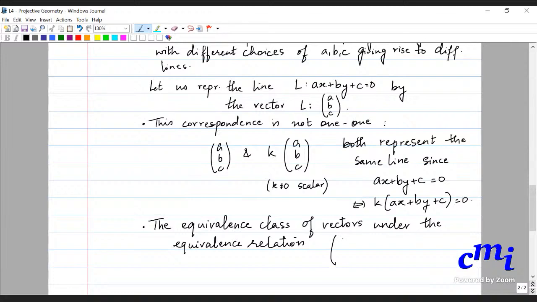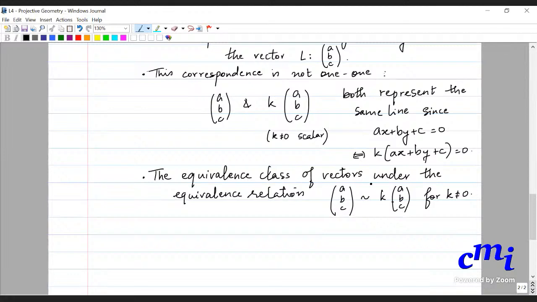My equivalence relation says that abc and any non-zero scalar k times abc are related, for k not equal to 0. Then I look at the equivalence class, putting both in the same class, and the equivalence class of vectors under this relation is called a homogeneous vector.